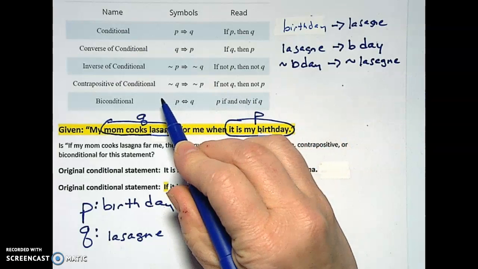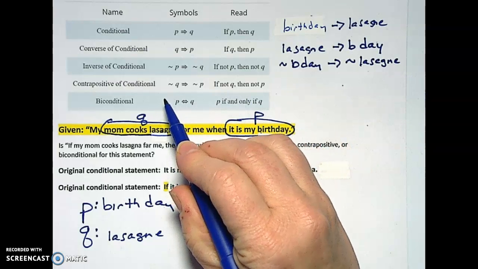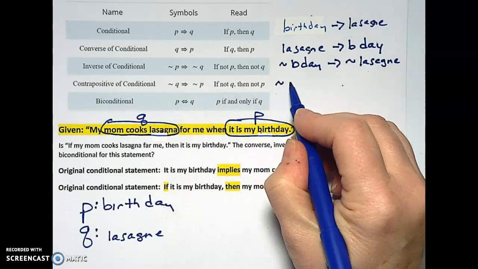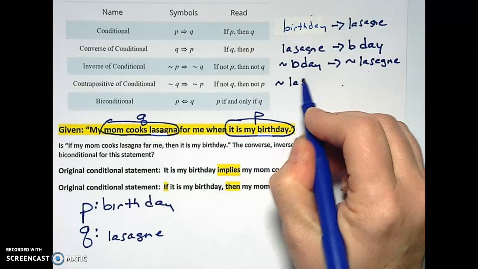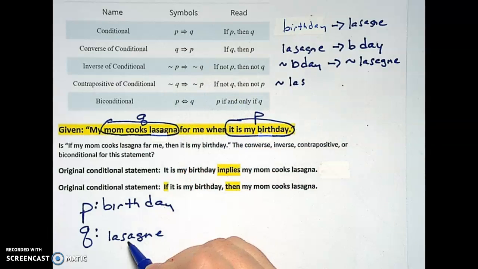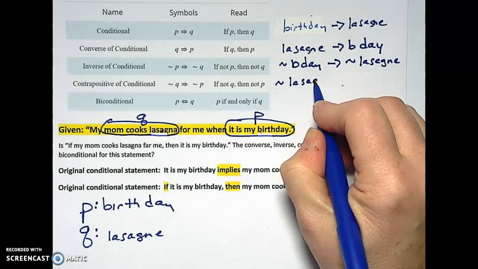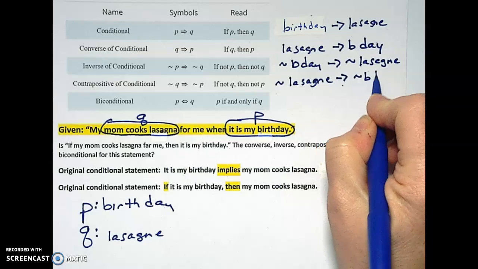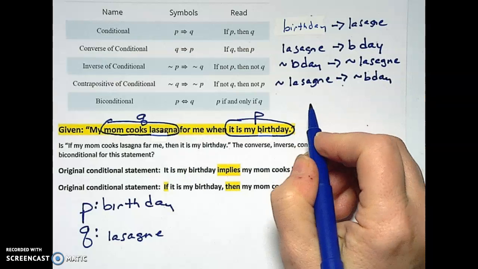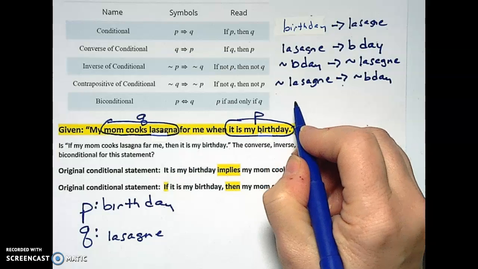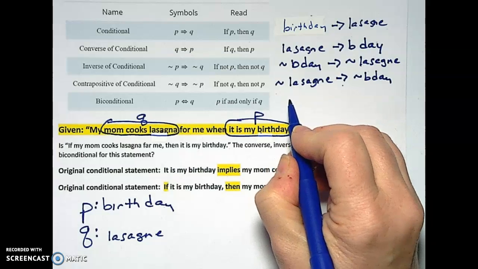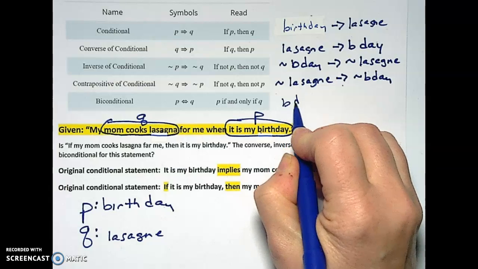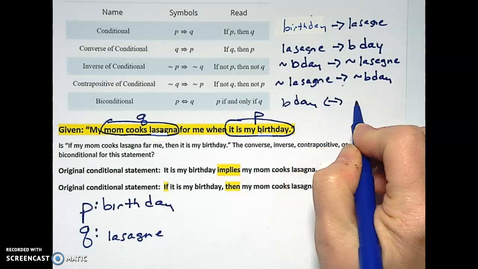And the contrapositive of the conditional is not lasagna, because that's the Q. Not lasagna implies not birthday. And then the biconditional is birthday if and only if lasagna. So B-day if and only if lasagna.